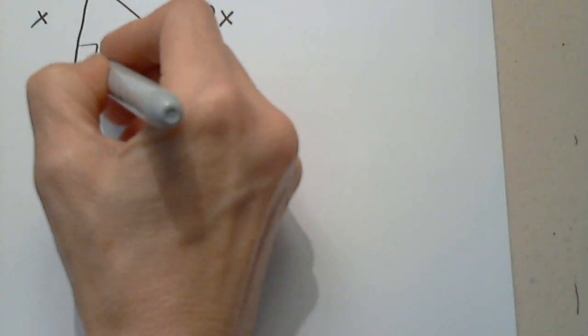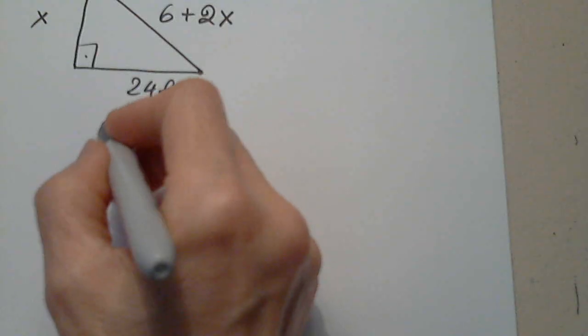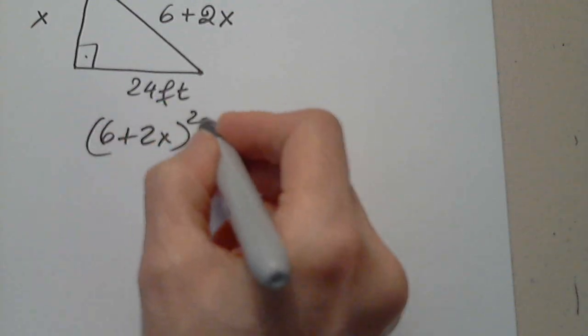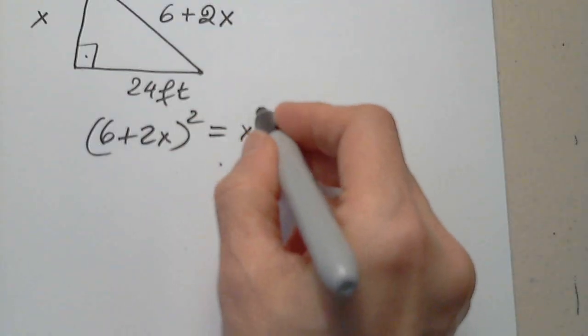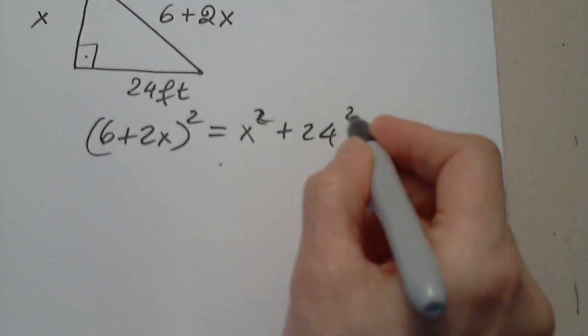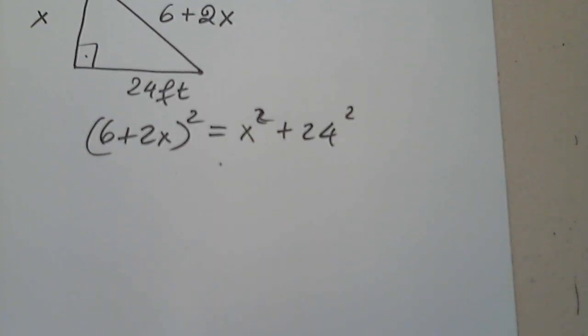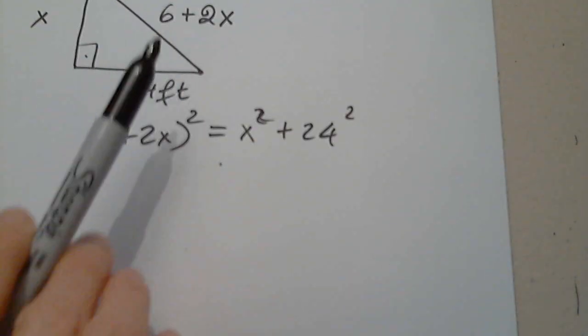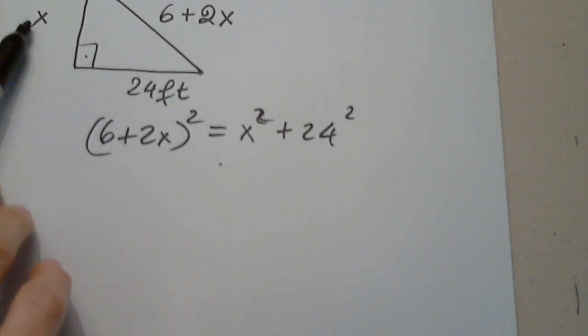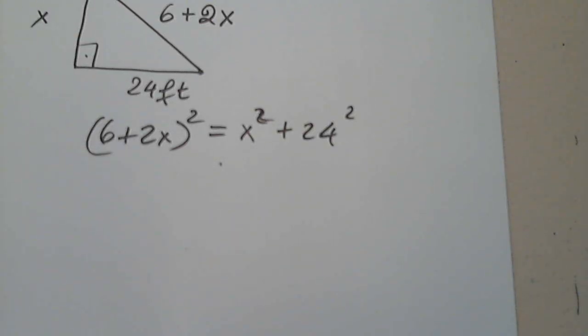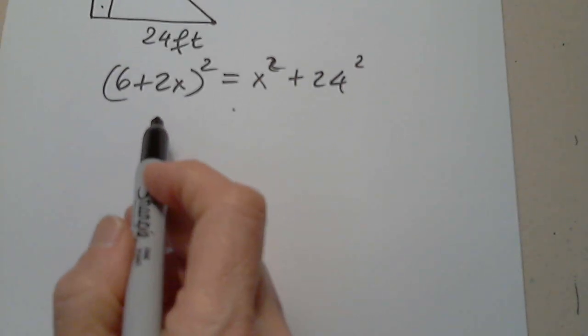The longest side squared equals the sum of the squares of the two legs. So when I square this, I get 3 terms.